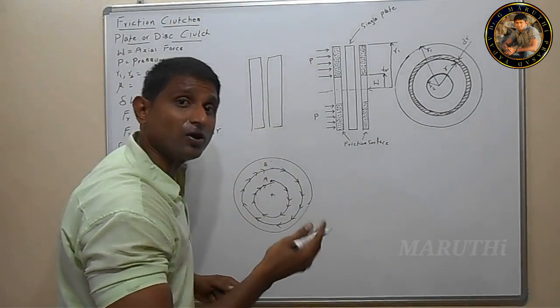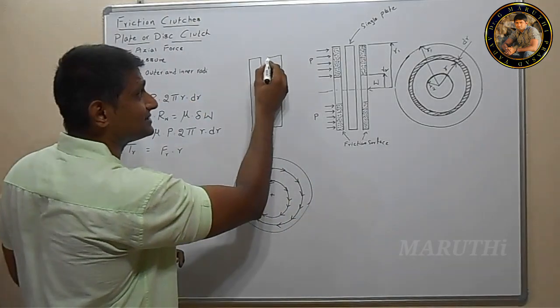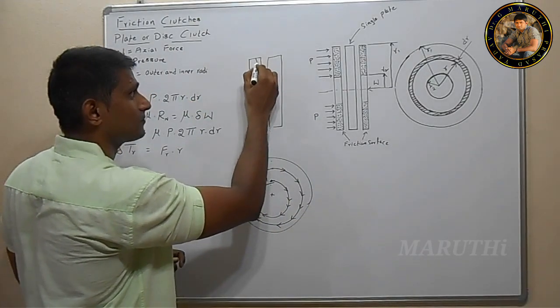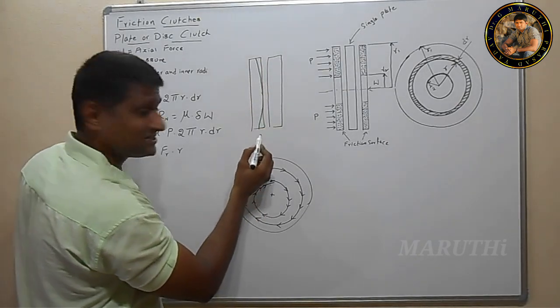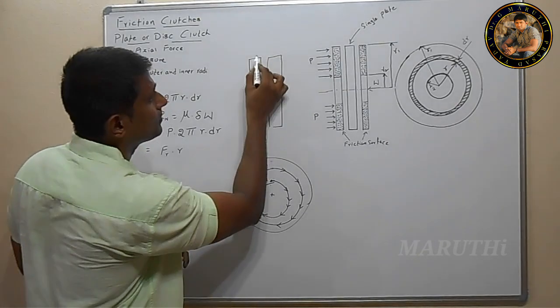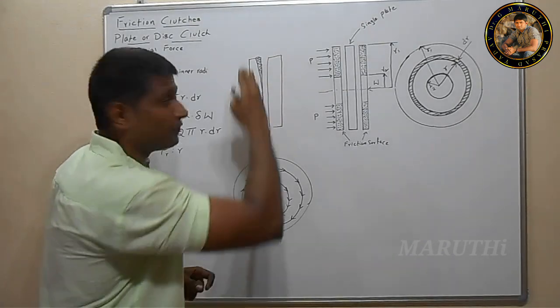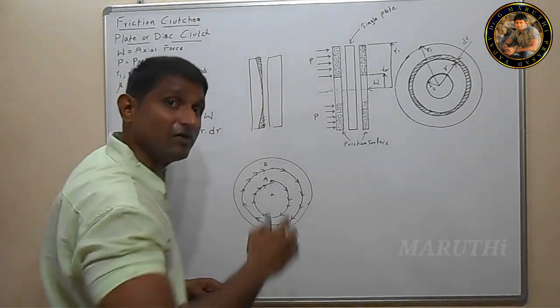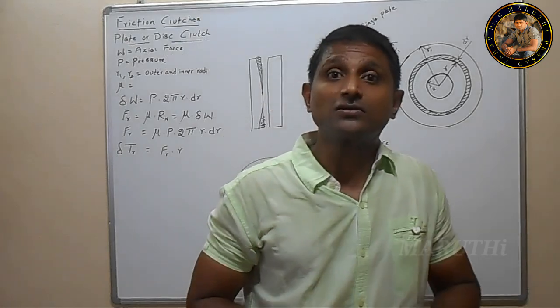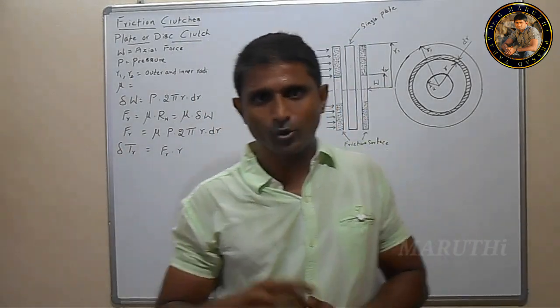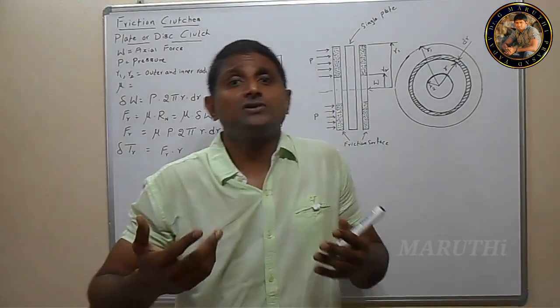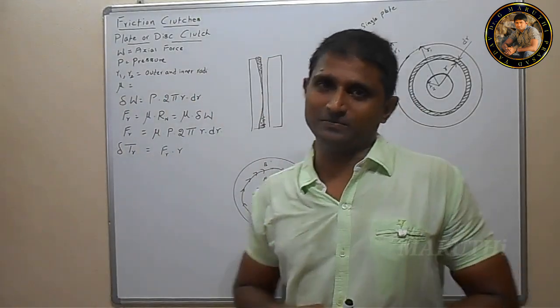The metal gets worn out like this, and this part will be removed. So wearing is more at the outer edges compared to the center. Means the wear is not constant when pressure is uniform.